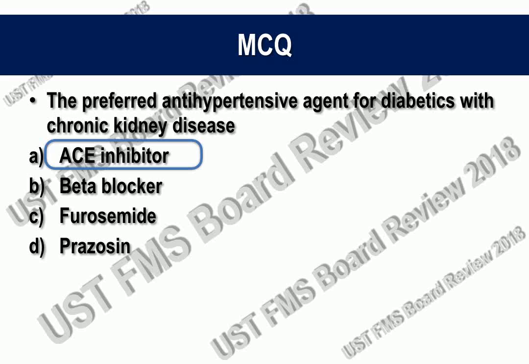So, especially for diabetics with or without diabetic nephropathy, or even diabetics with chronic kidney disease, ACE inhibitors have in fact been shown beneficial in decreasing progression of the nephropathy and chronic kidney disease, and in fact also preventing nephropathy in those patients who do not yet have the renal problem.